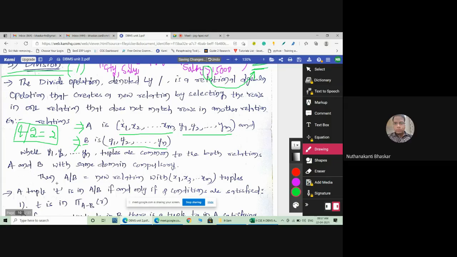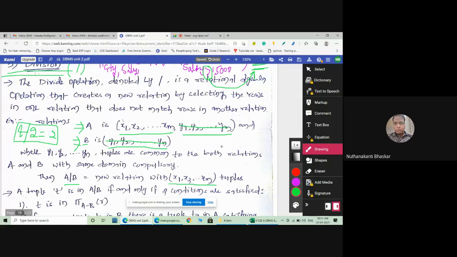When I want to write A by B, the common attributes are y1 to yn, and the resultant is x1 to xm. Then A by B is x1, x2, up to xm. The attributes that are in the divisor do not come to the output of the division operation. This is the basic fundamental theory.